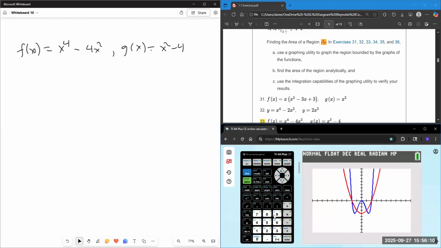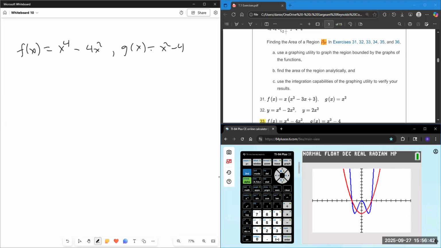And so we're interested in the area bounded by the graphs of the function. So what is bounded by the graphs? Well, we've got this area here, and we've got where red is above blue, and we have this region in here where blue is above red, and then we have this region over here again where red is above blue.